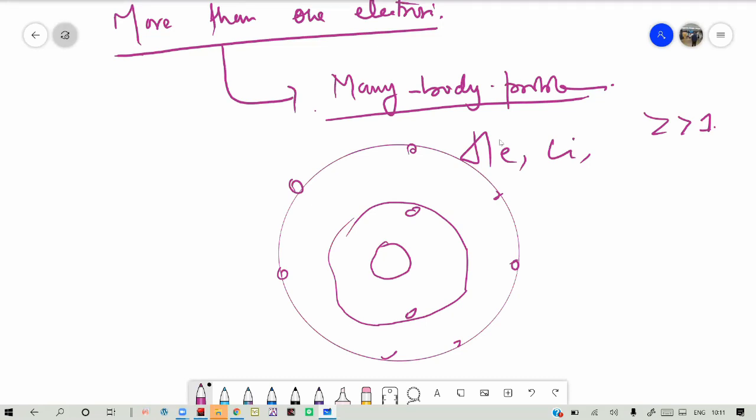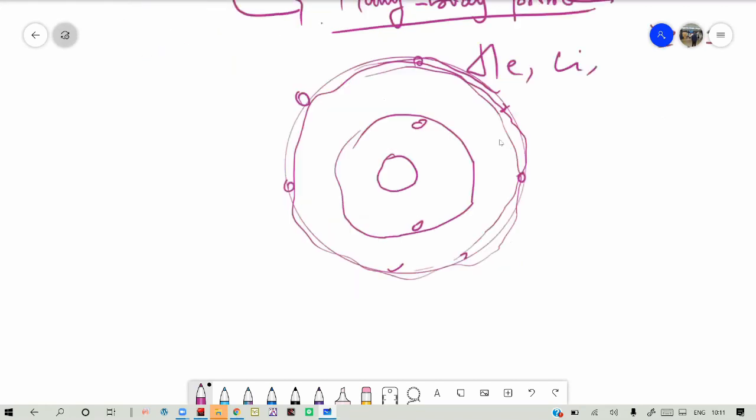This was just a representation; in practice they are not in a fixed orbit, but can move anywhere in this region. It's a probability that they can be anywhere. So when they continuously move in a given region of space, they can have different types of energies and interactions between them. I will mention some of them.